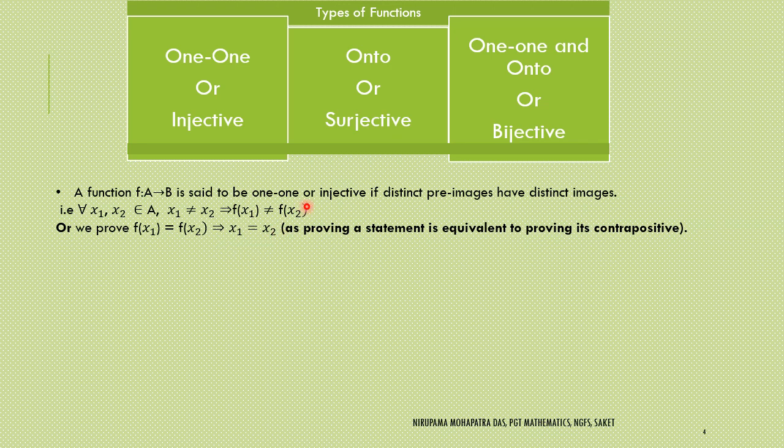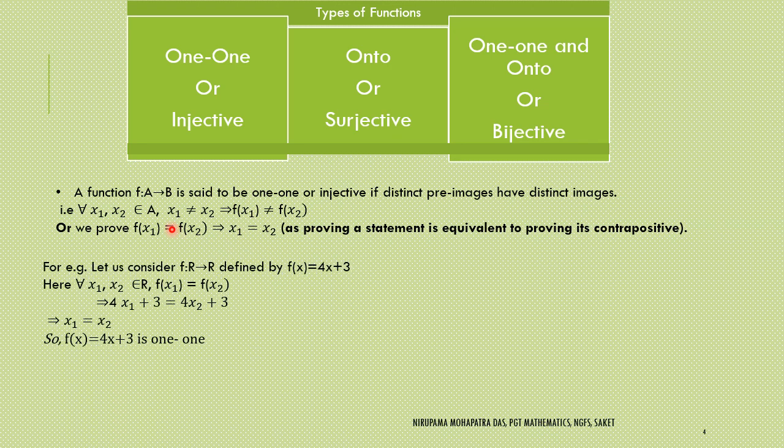So instead of proving this, we can prove that if f(x1) equal to f(x2) implies x1 equal to x2, then the function is one-one. So if the question is to prove that so and so function is one-one or injective, you can apply this logic. You can show f(x1) equal to f(x2) implies x1 equal to x2.